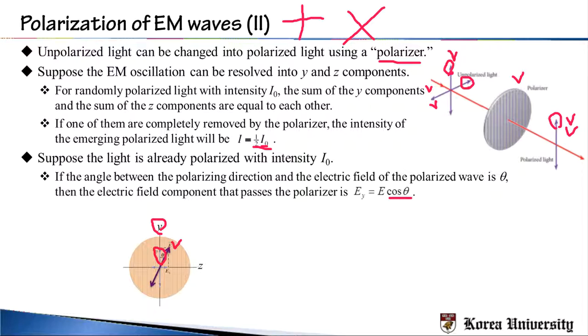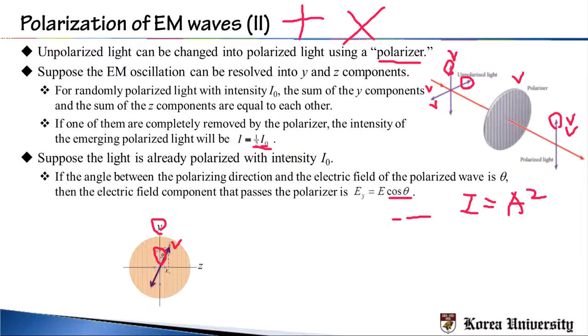And then we know that the intensity is always the square of the amplitude. So the total intensity will be the original intensity multiplied by cosine squared, because always remember the intensity is the square of the amplitude.